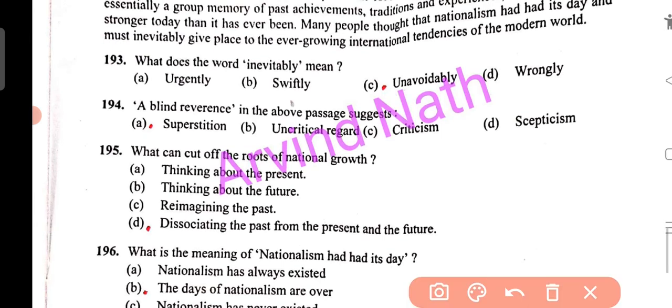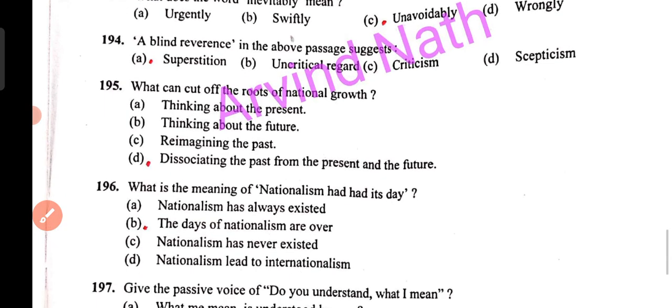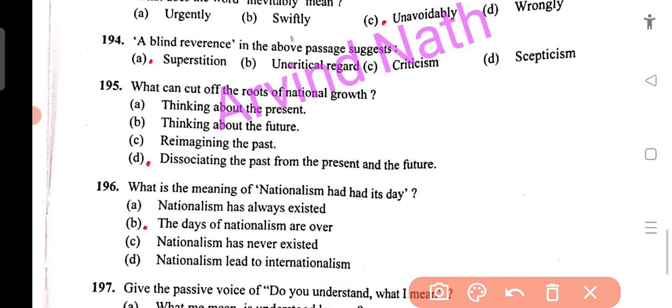Now 194: a blind reverence, the above passage suggests, is option A, superstition. Now the question number 195: what can cut off the roots of national growth?